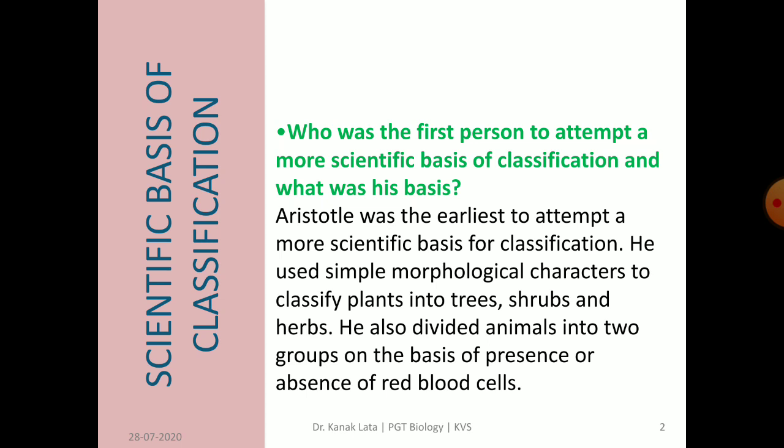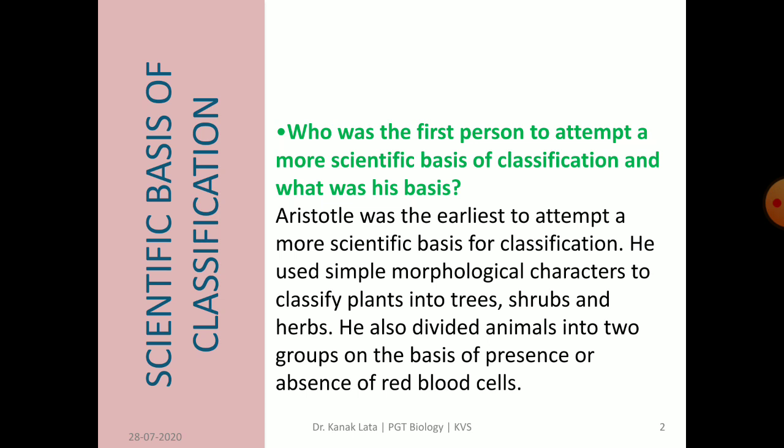The basis of his classification was simple morphological characters, and he classified plants into trees, shrubs, and herbs. What are the three? Plants are classified into trees, shrubs, and herbs.